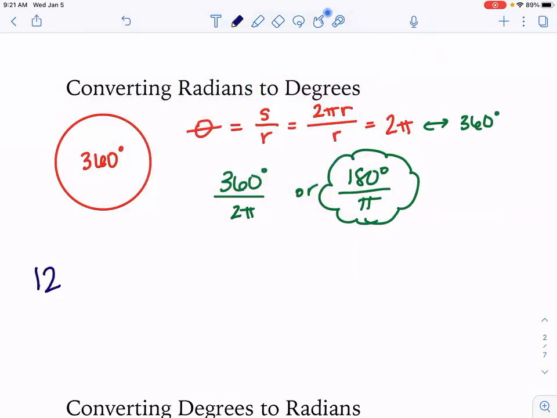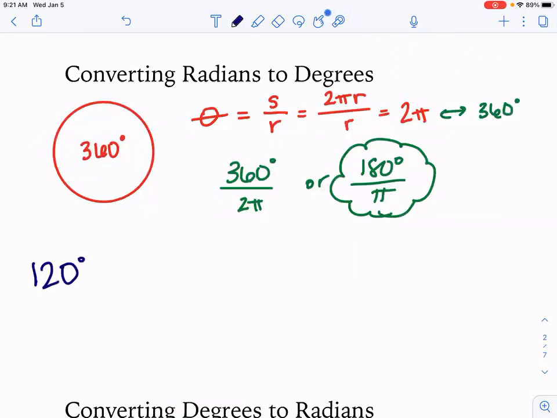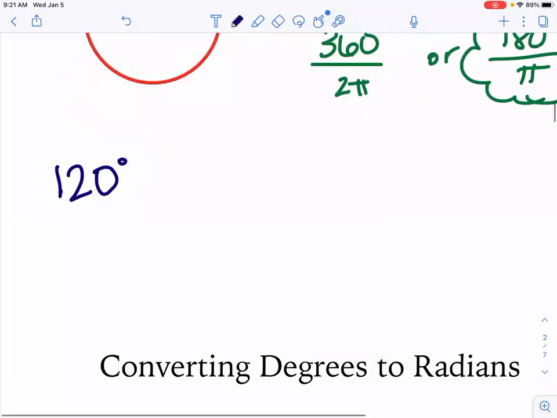So if we have some sort of degree measure, like 120 degrees, how do we get that into radian mode? Okay, just like in science, when we convert units, right? We're getting rid of degrees. So I want to multiply by a fraction where 180 degrees is in the denominator, which means what do we put in the numerator?